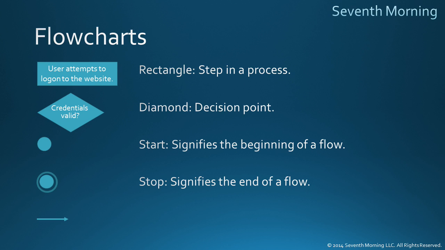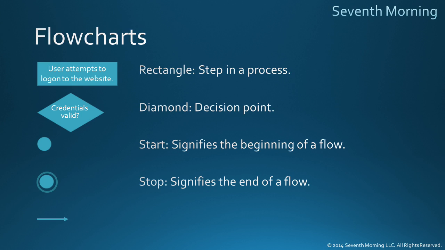The next two shapes are a bit special. They are borrowed or stolen from UML, the Unified Modeling Language that we talked about a little while ago. The first, the solid circle or disk, is called a start. The second, the solid circle with a ring around it, is called a finish.